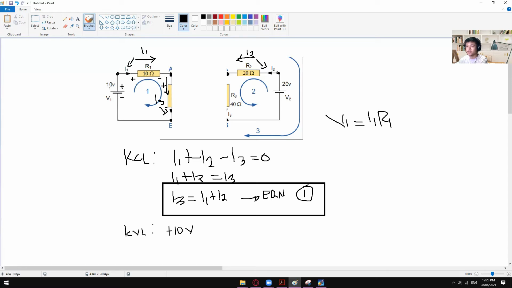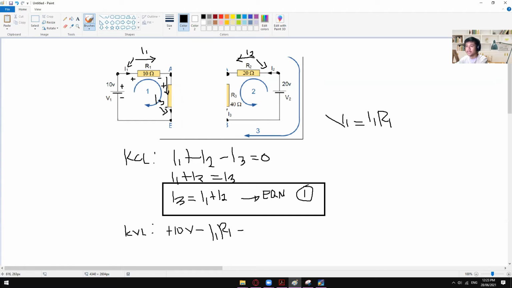So in here we have positive 10 volts, and then negative I1 times R1, since we are getting the voltage drop across R1. Followed by the next resistor, which is now I3.